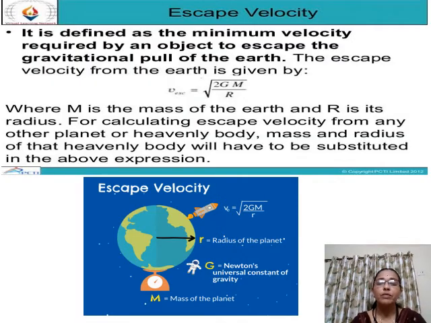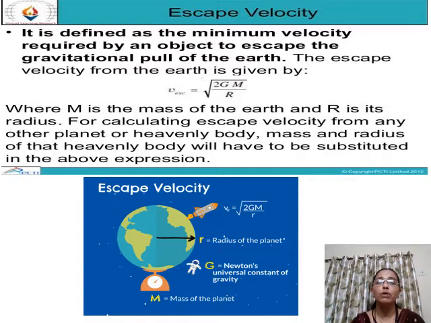Think, if we have to send a satellite away from the earth, or throw a ball very high above the earth, what you have to increase is the initial velocity. So the initial velocity has to be increased, and this is defined as escape velocity.